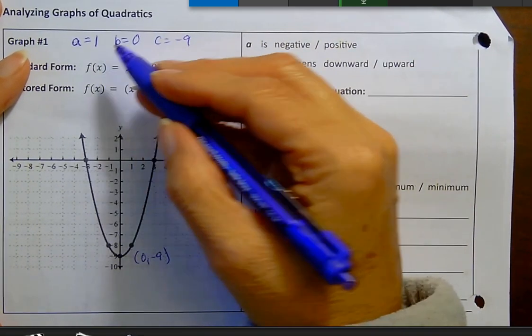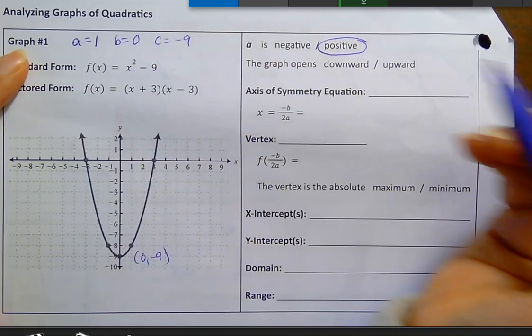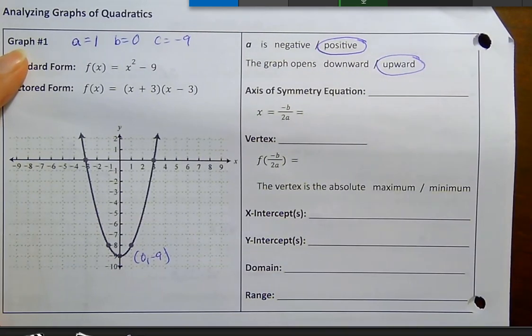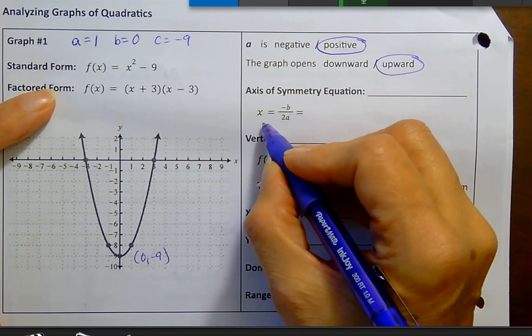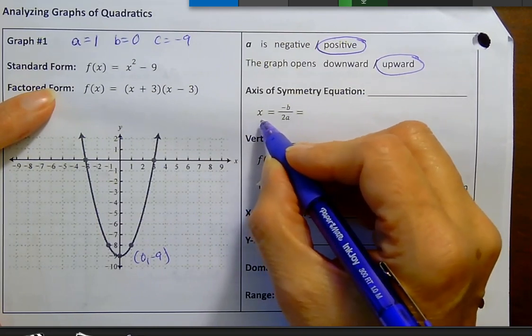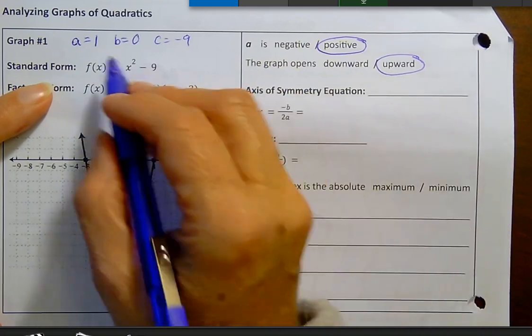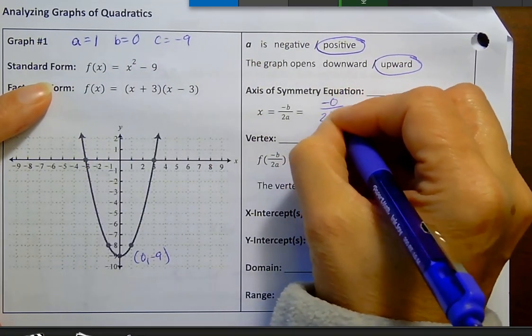A is positive, right? A is just positive 1. And our graph is opening upward. That's what we expect from our notes from the last page. For my axis of symmetry, the equation of that vertical line is x equals negative b over 2a. So I'm going to say negative b, negative 0, over 2a, 2 times 1.